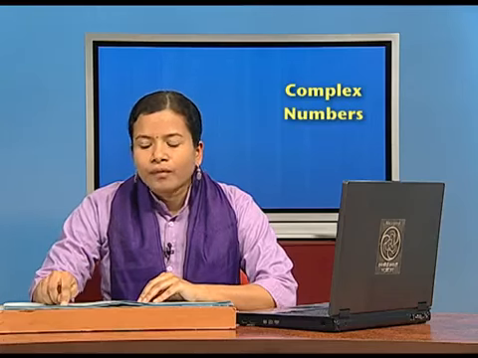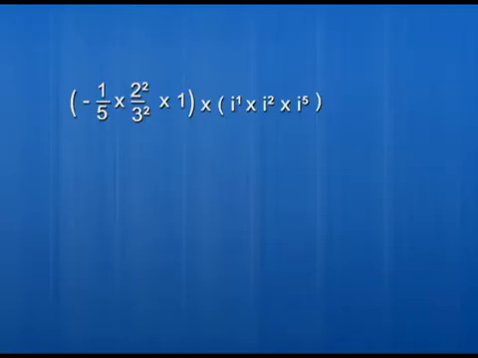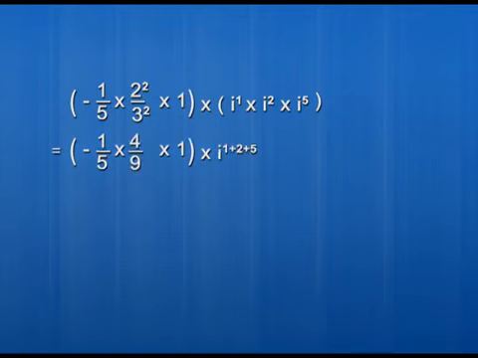And here, in the question there was i with no power given, so I can assume that the power of i is 1, and I took i square and i^5 and I am taking their multiplication. Now this can further be written as minus 1 by 5, and 2 square upon 3 square can be written as 4 by 9, and 1, and we will take their multiplication.